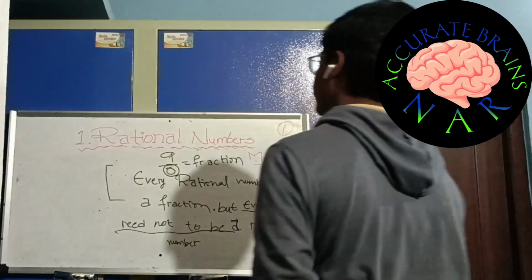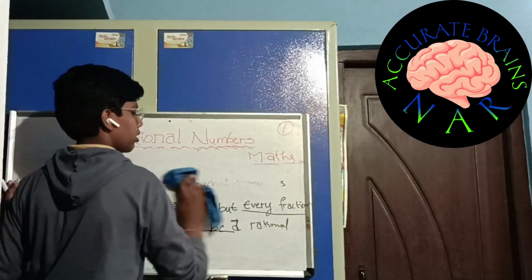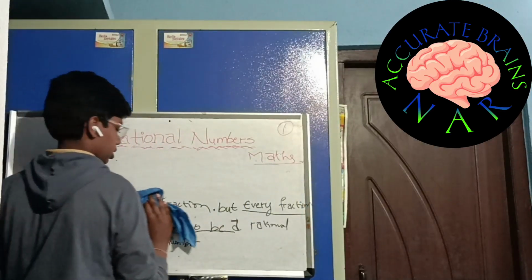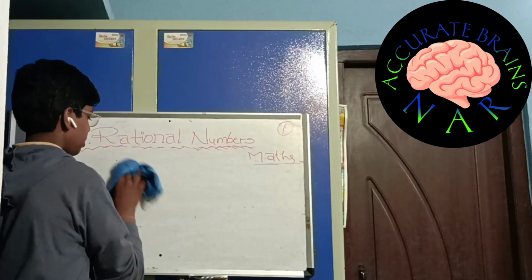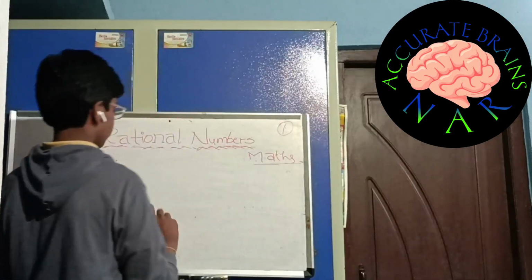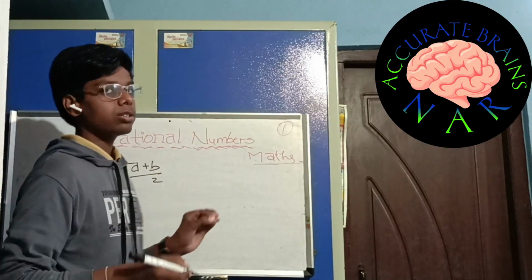So the topic is finished, and our next topic is to find rational numbers in between two rational numbers. This topic is very simple, but you have to understand it. Here we use the (a + b)/2 formula.